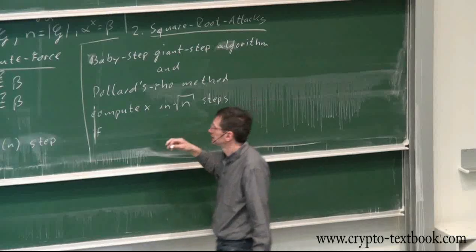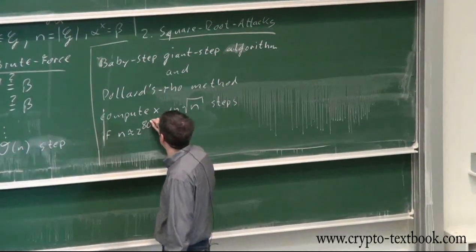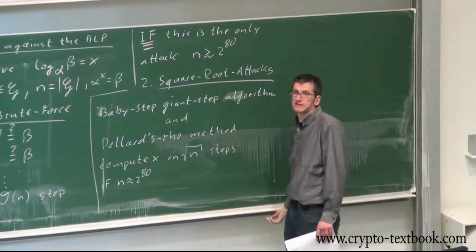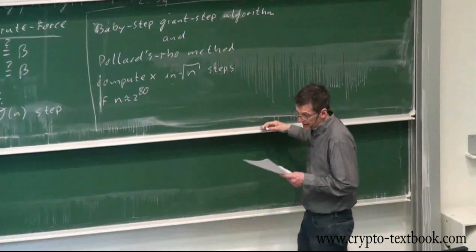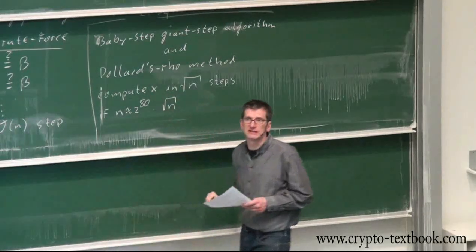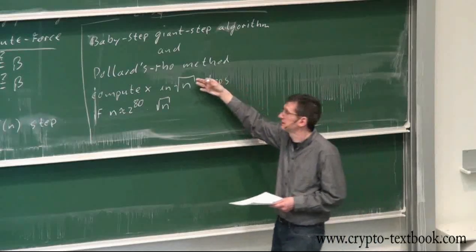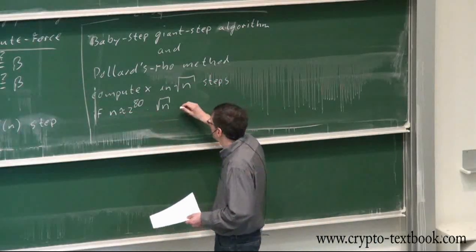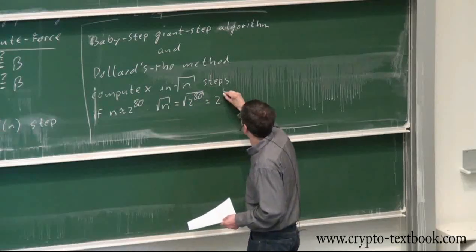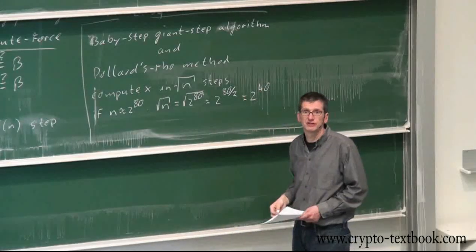The only thing we need to know is that they have square root complexity. So if n is approximately 2 to the 80, which was the minimum requirement to be resistant against brute force attacks, then with these attacks, instead of 2 to the 80, you have the square root of 2 to the 80, which is 2 to the 40.